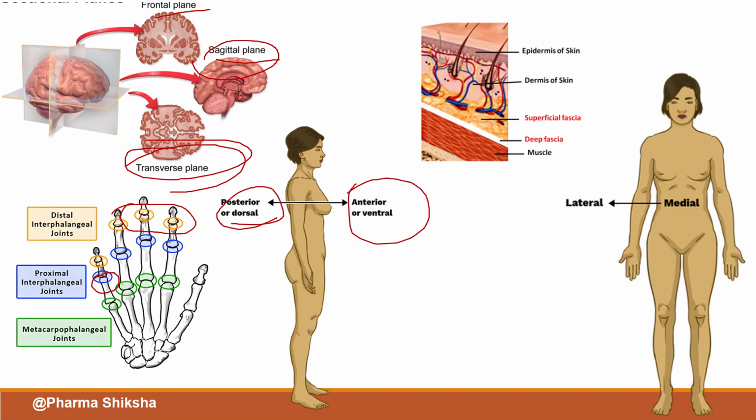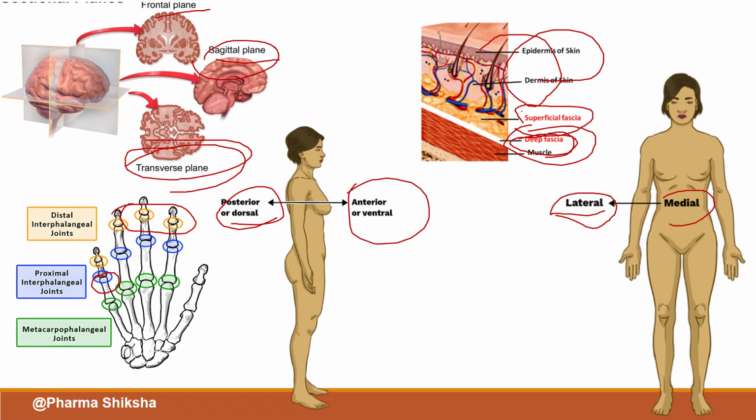Here also the epidermis is superficial to the muscles, and very deep inside from the superficial is the deep fascia. Lateral means the sides, and medial means the middle part.